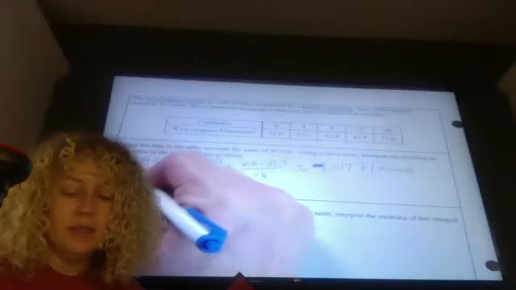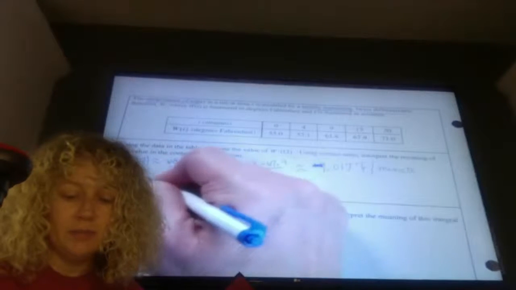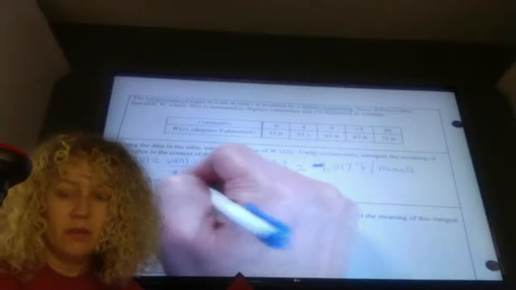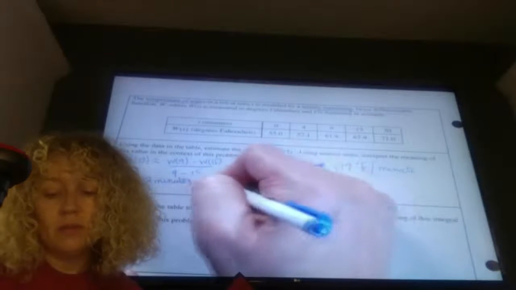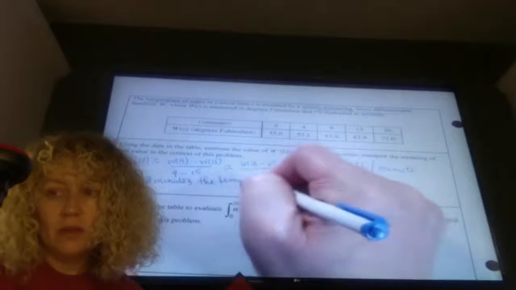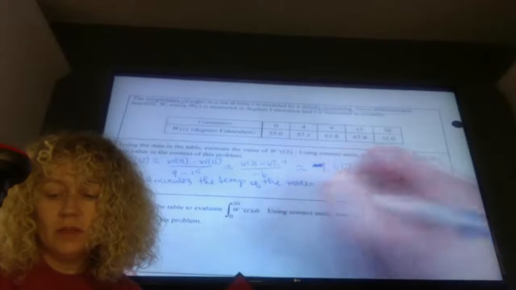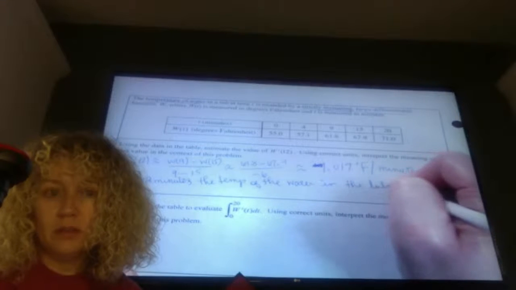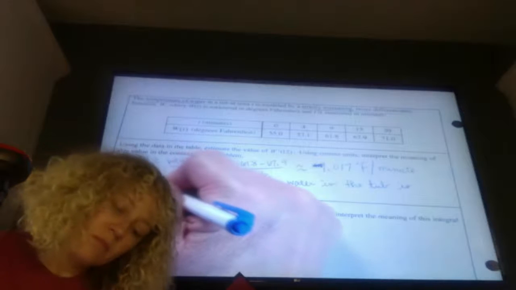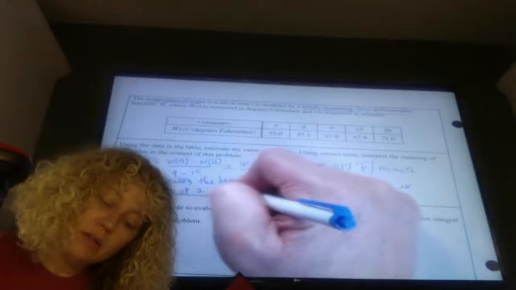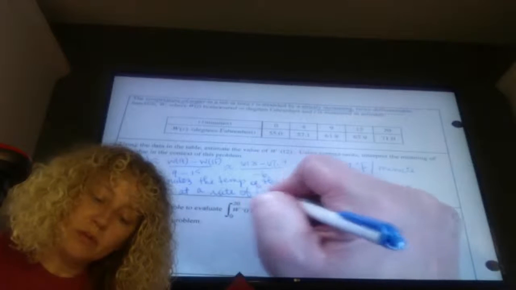So at t equals 12 minutes, the temperature of the water in the tub is increasing at a rate of 1.017 per minute. That's what it means.